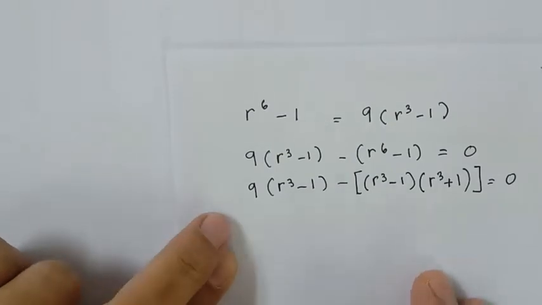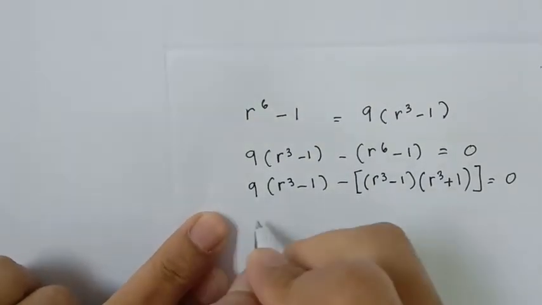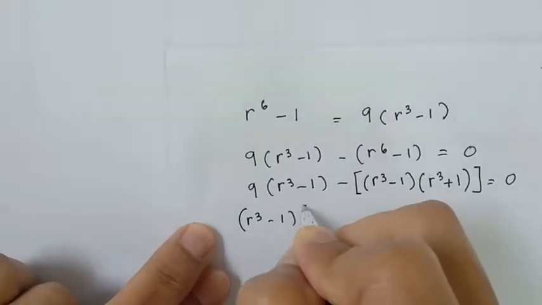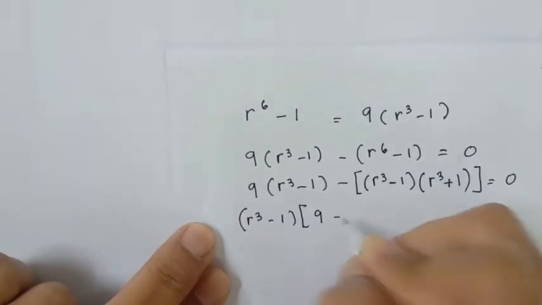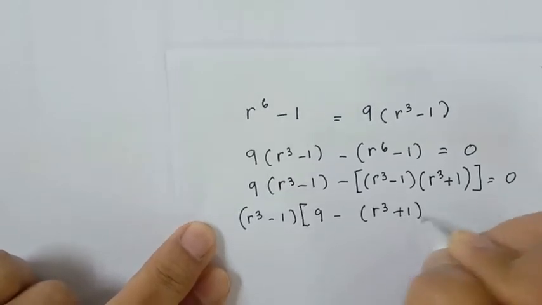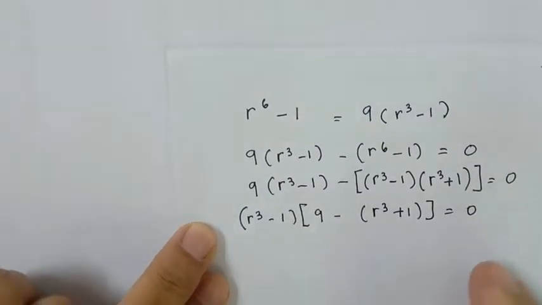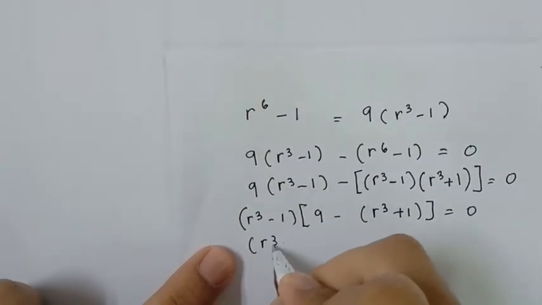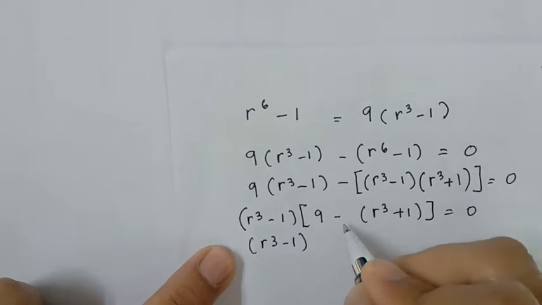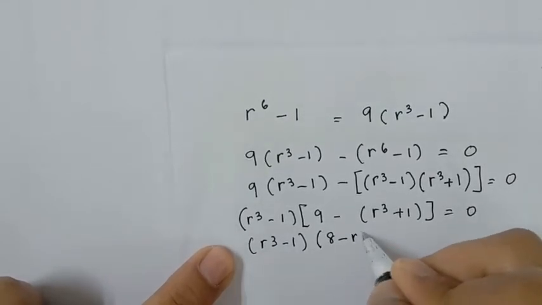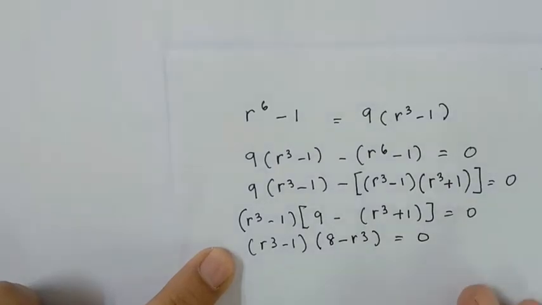Then factor out r power 3 minus 1. r power 3 minus 1 times 9 minus r power 3 minus 1, which is 8 minus r power 3, equal to 0.